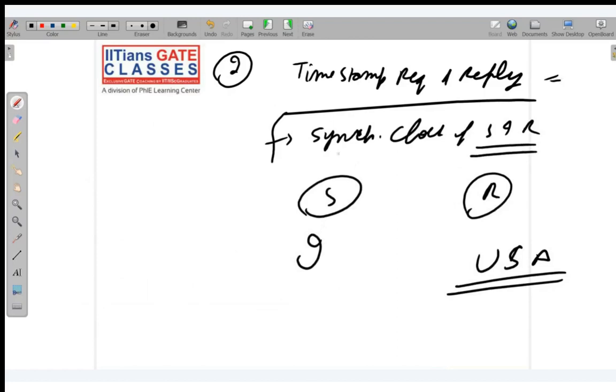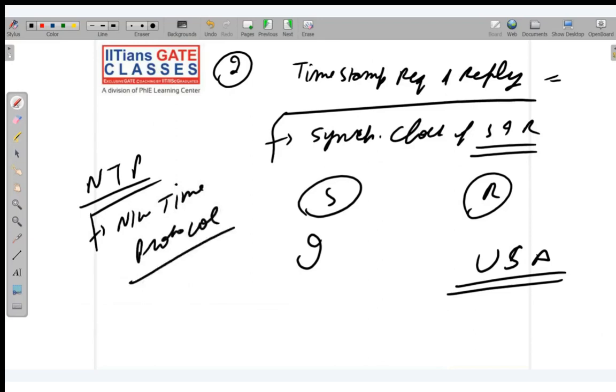For that, timestamp request and reply messages are used. Actually it is not used nowadays. Nowadays we use NTP, network time protocol. It is not required for GATE, just for the information I have told you.